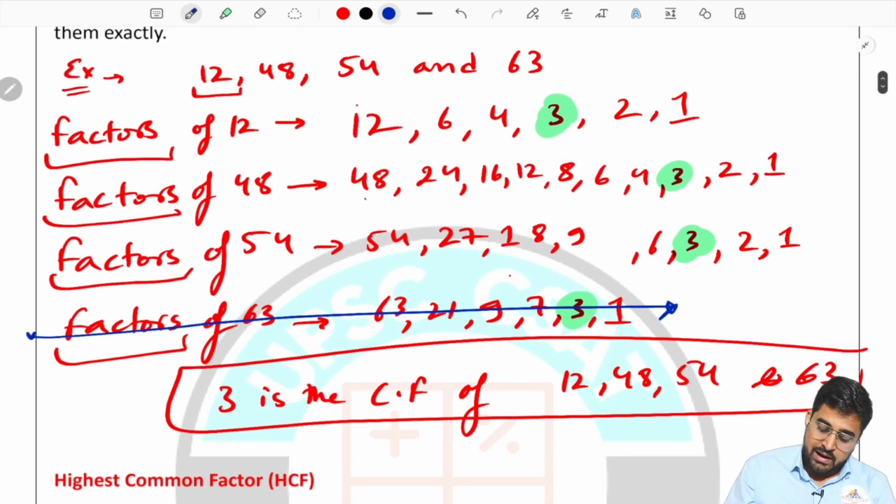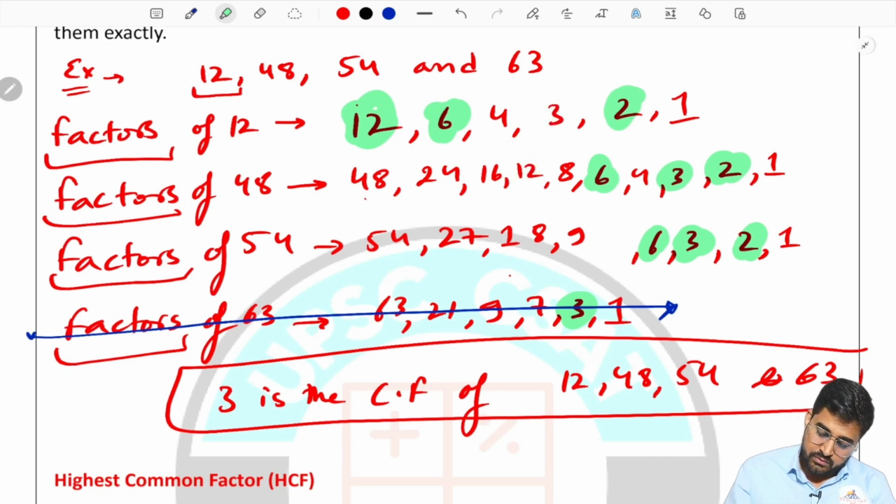Now how many common factors do we have? We have 3 in common, we have 2 in common, 4, no, 4 is not common. 6 is common, yes. And 12, which one? Is 12 common? No, 12 is not common. So which one is the highest common? Basically 6 is the highest common. That's how you have to find out.